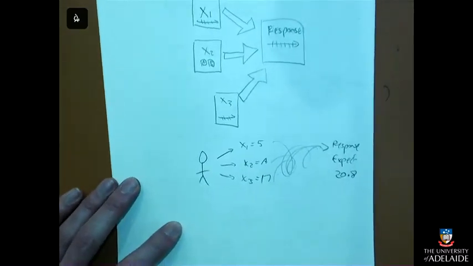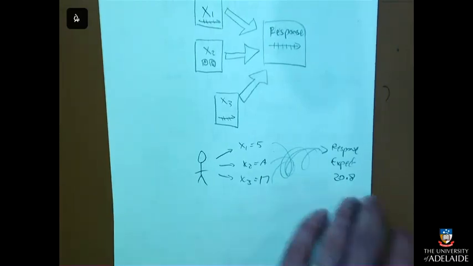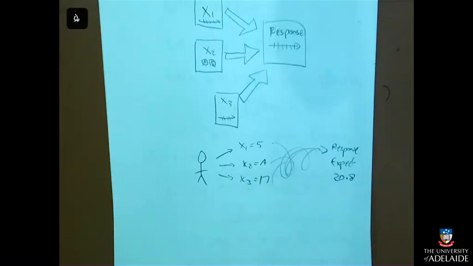Just making up random numbers here. Now that won't be exactly equal to whatever response they actually give, but the point is that you want to try and predict what their actual response is going to be as accurately as you can.